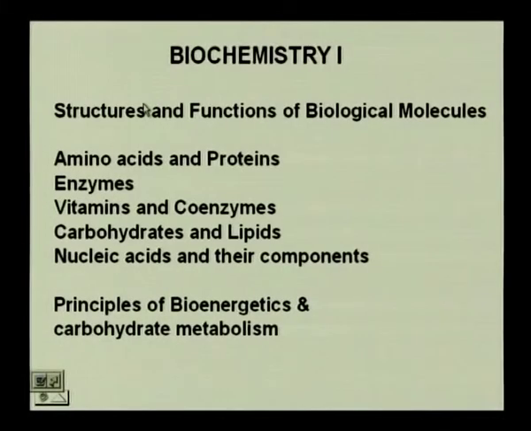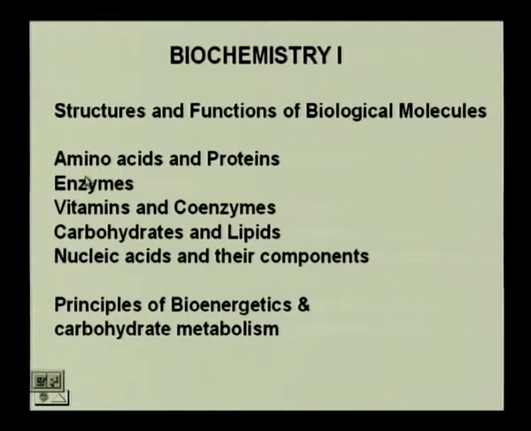Now, initially when we started off, I showed you the different topics that we would be covering, namely structure and functions of biological molecules. All these biological macromolecules play an important part in living systems, and we looked at how they function.